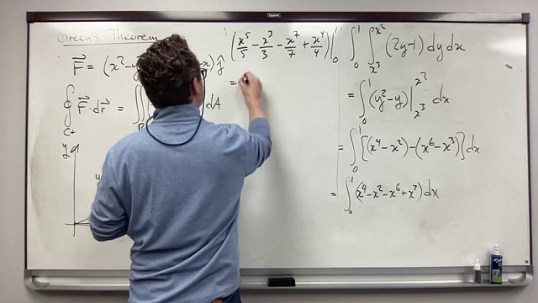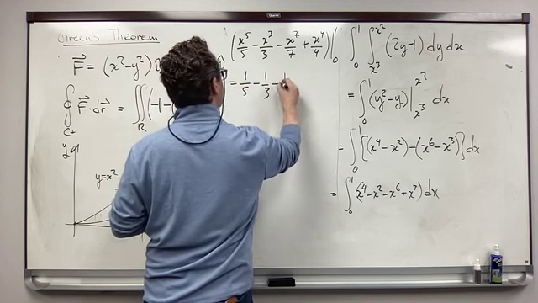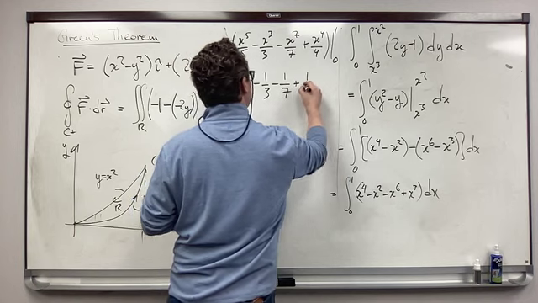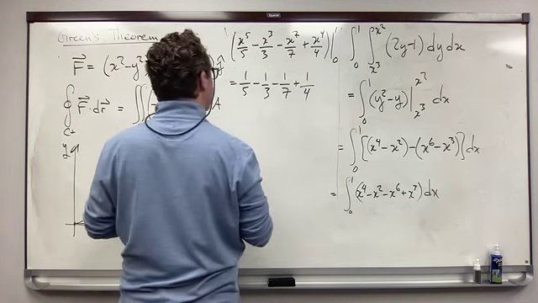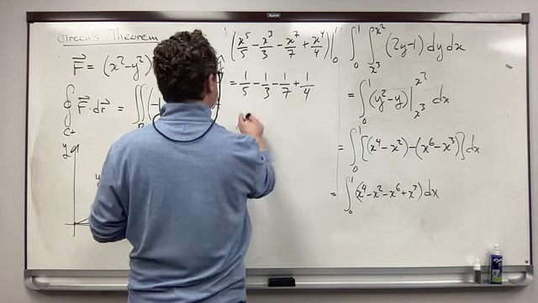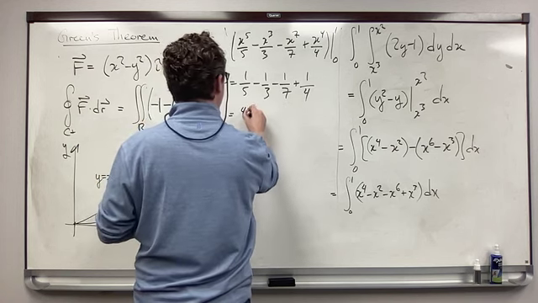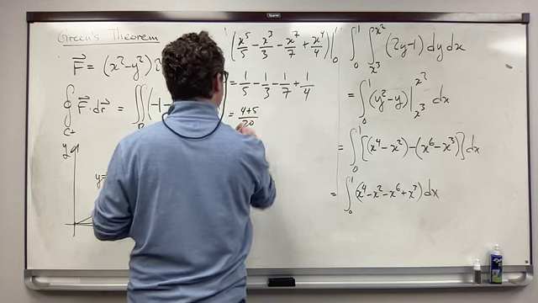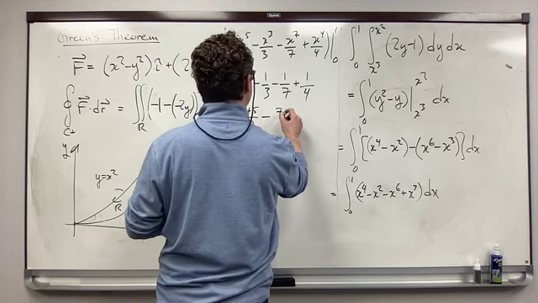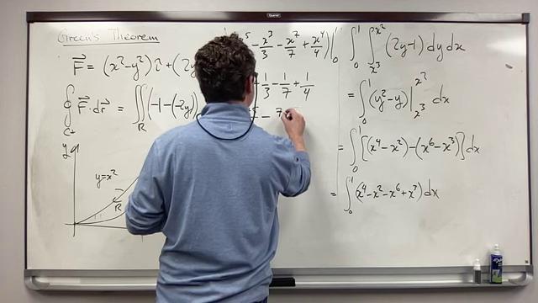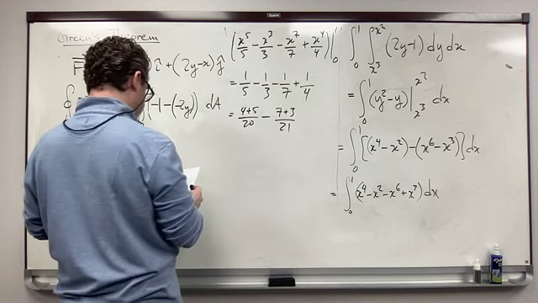So this becomes 1 over 5 minus 1 over 3 minus 1 over 7 plus 1 over 4. Let's put the two positives together, 1/5 and 1/4, so that becomes 4 plus 5 over 20, minus 7 plus 3 over 21.